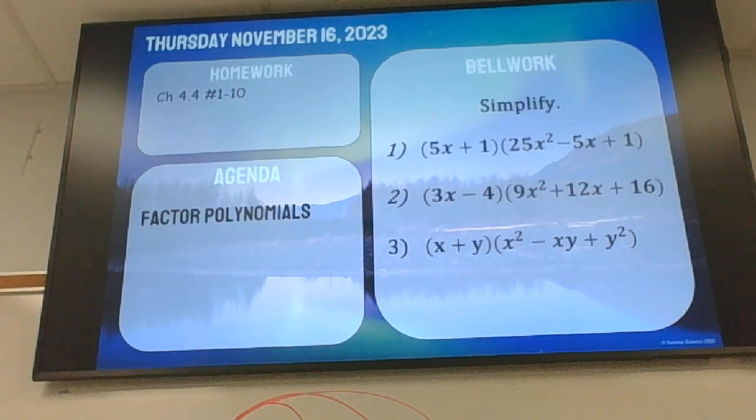The trinomial holds the same pattern as well. So these 3 numbers are derived mostly from these 2. So 3 squared is right here, 9. And 4 squared is right here, 16. And what do you think the 12 is? 3 times 4.